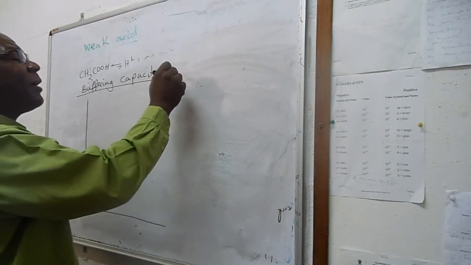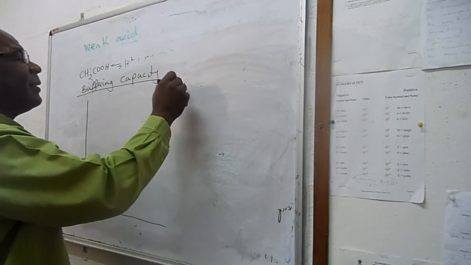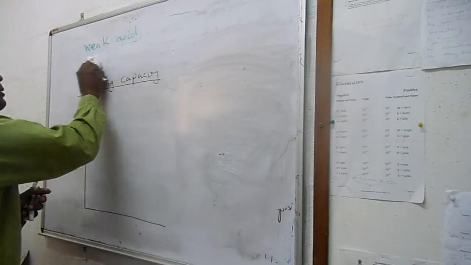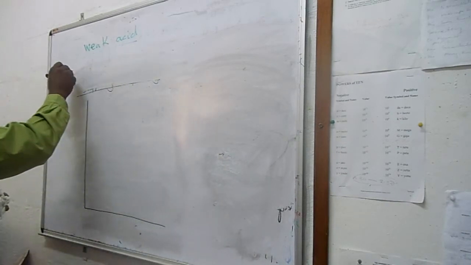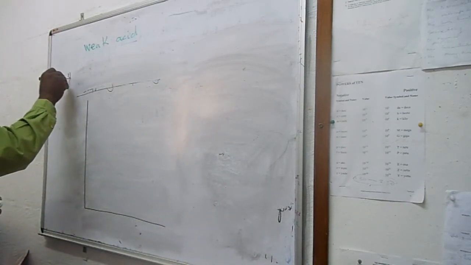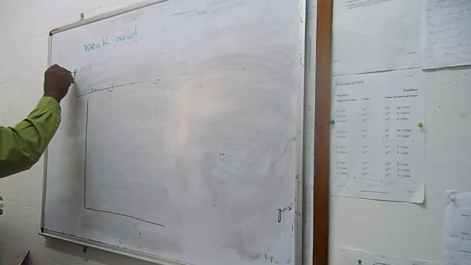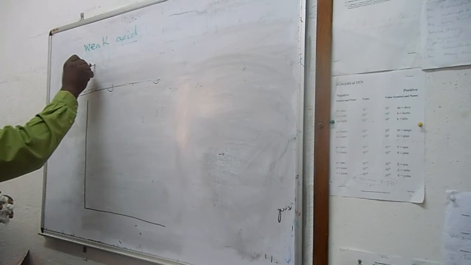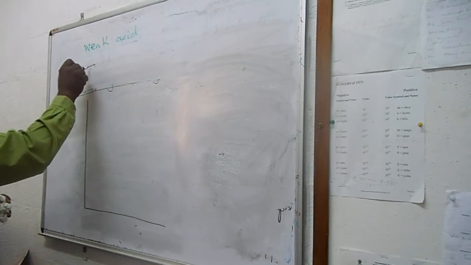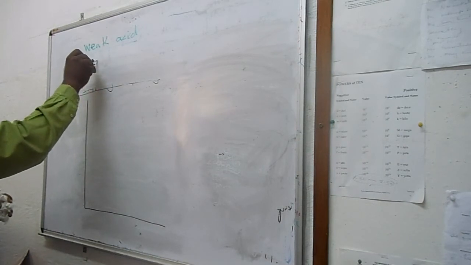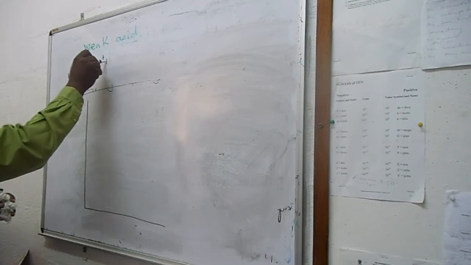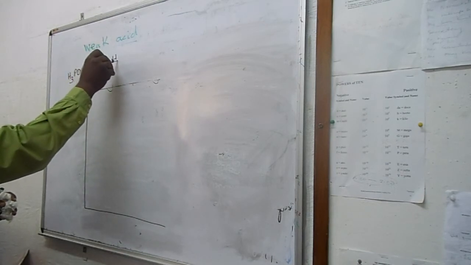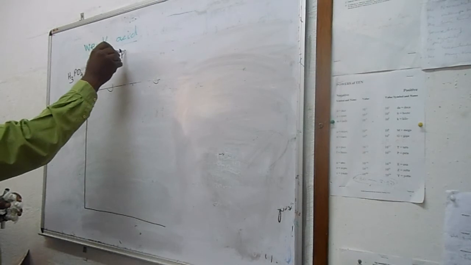So ideally, this is your phosphoric acid. Phosphoric acid does dissociate. Once it dissociates, it produces hydrogen ions, and of course, it loses 1 proton.